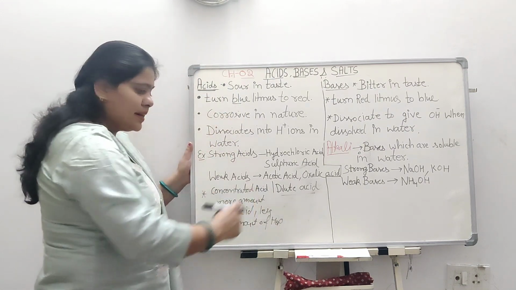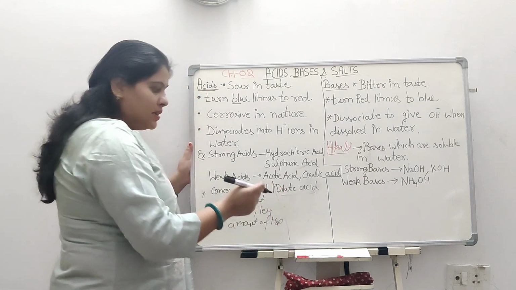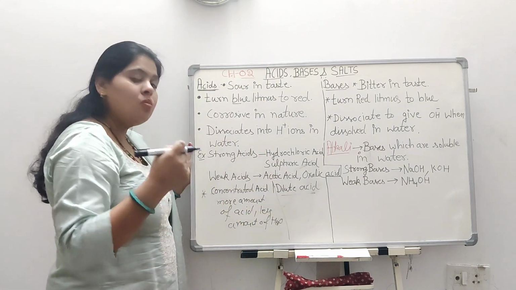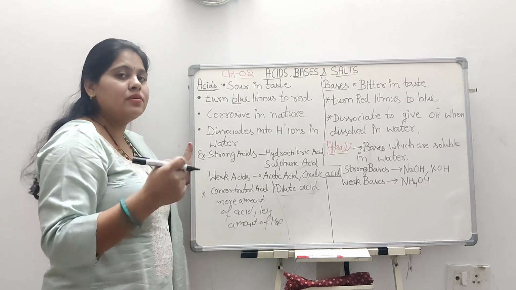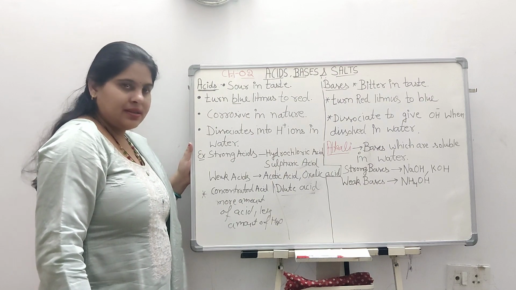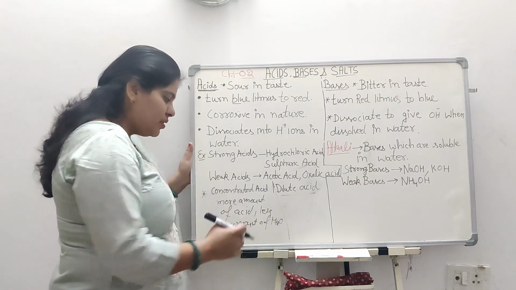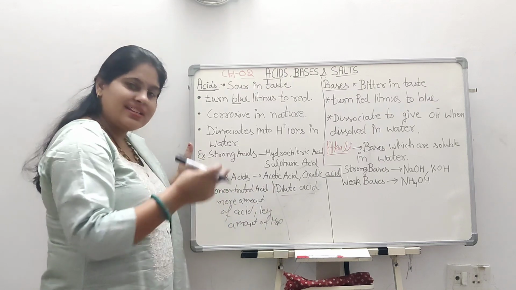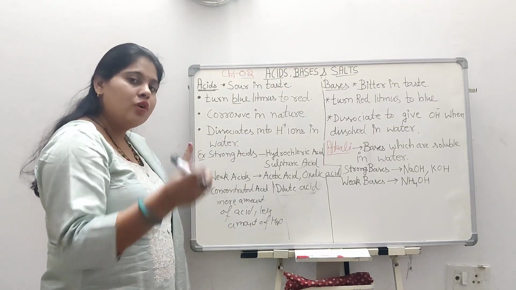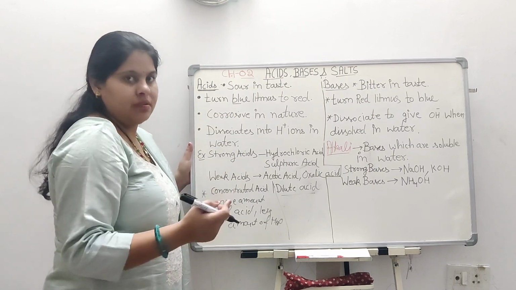Dilute acid means the acid which has more water compared to the acid. Now there is a process known as dilution. What is dilution? When you take concentrated acid and add water to it, that process is known as dilution.